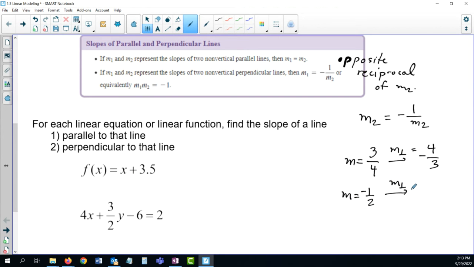A line that is perpendicular to this would look like what? So it's 2 over -1, but then I have to put the negative out front because it's opposite reciprocal. 2 divided by -1 is -2, and the opposite of -2 is 2.